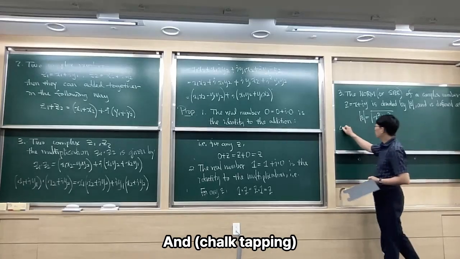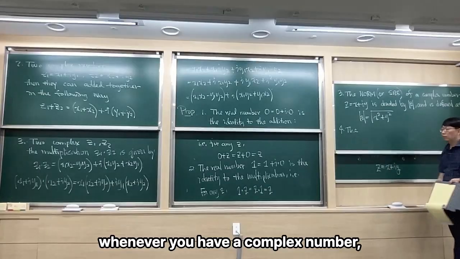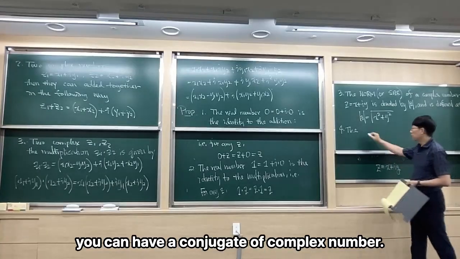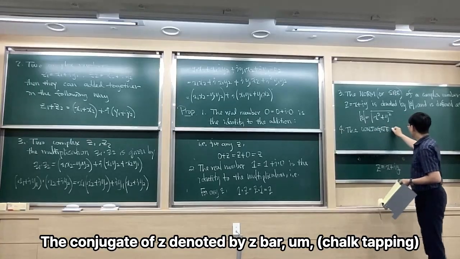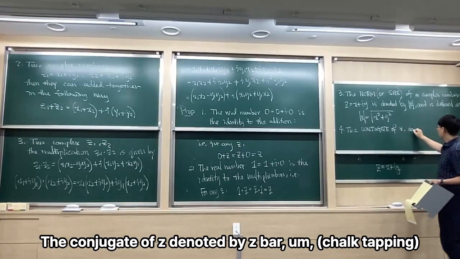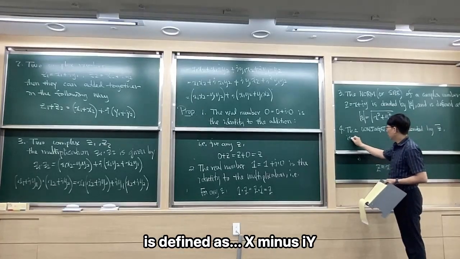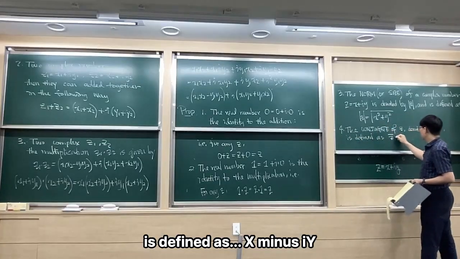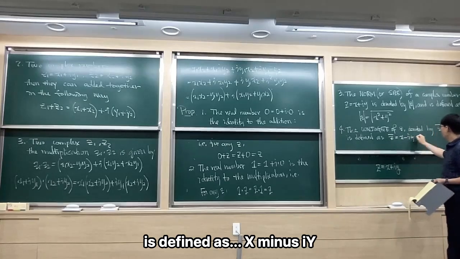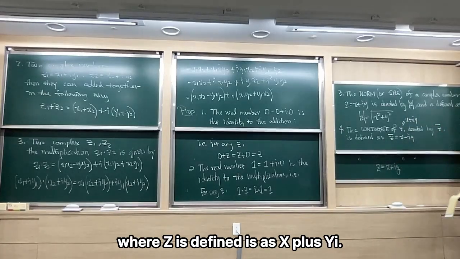And we have another terminology. Whenever you have a complex number, you can have a conjugate of the complex number. The conjugate of z, denoted by z bar, is defined as x minus iy, where z is defined as x plus yi.